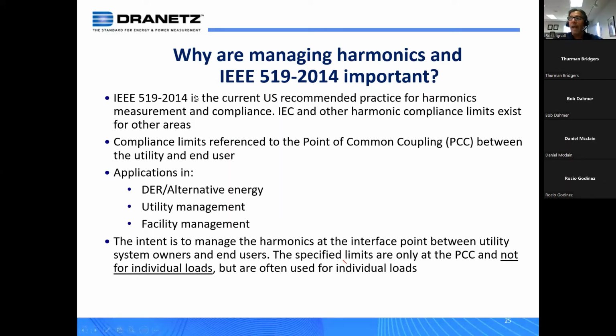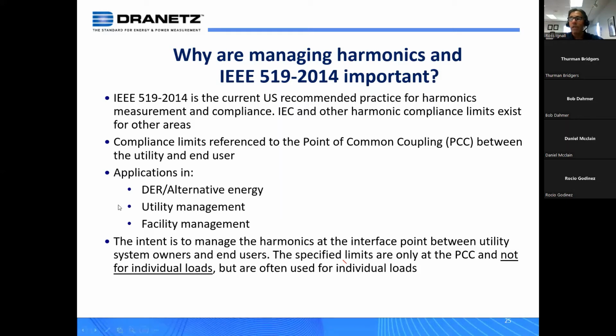So this defined how to do those measurements, and that's 61000-4-7, but also it included the compliance calculations and compliance limits, which are officially for the standard, in reference to the point of common coupling, the PCC, between the utility and the end user. That's somewhere around where your energy meter is. So that's a good common point of reference.